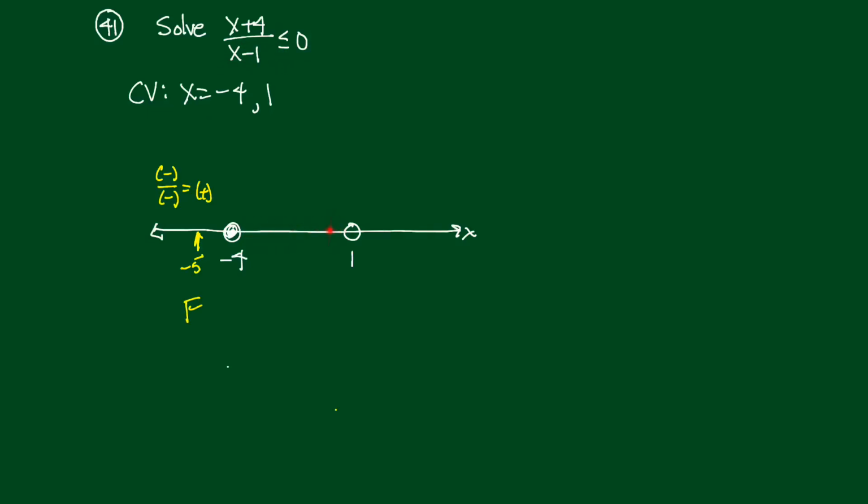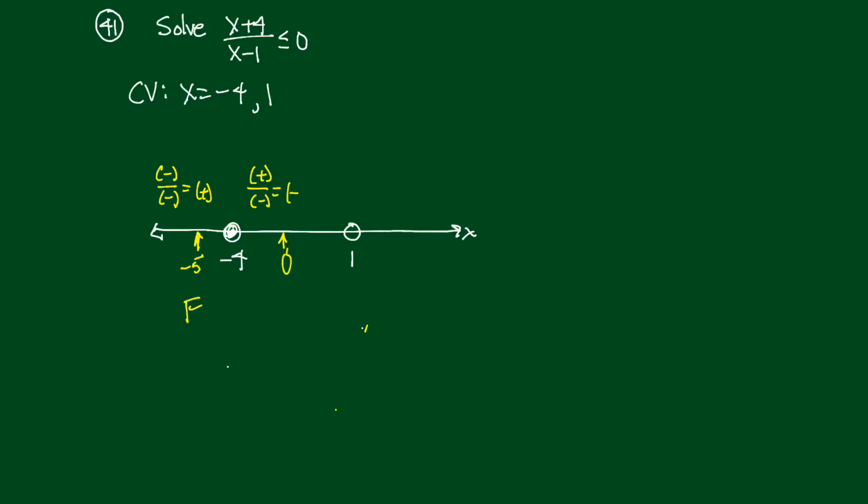Let's go on to this middle interval right here. Pick some number that's convenient. It doesn't really matter, just something easy to work with. What if I pick a 0 here, and then put that 0 back up in our factored form, which is the original? If I put 0 on the top and 0 on the bottom, I get a positive in the top and a negative in the bottom.